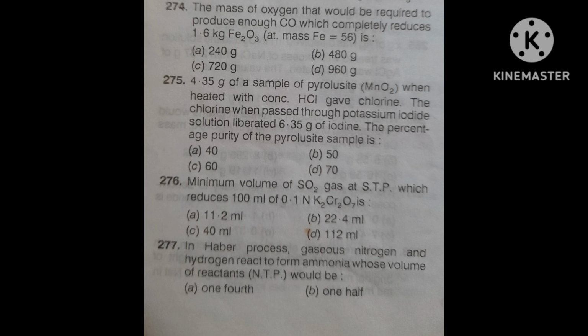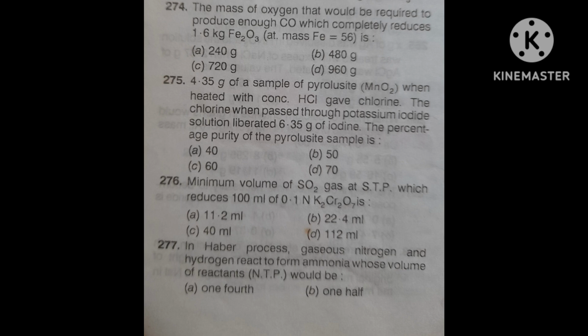This is the amount of oxygen required to neutralize 1.6 kg Fe2O3. Hence, the correct answer is B, 480 gram. Correct option is B. Now, next question I am telling you.